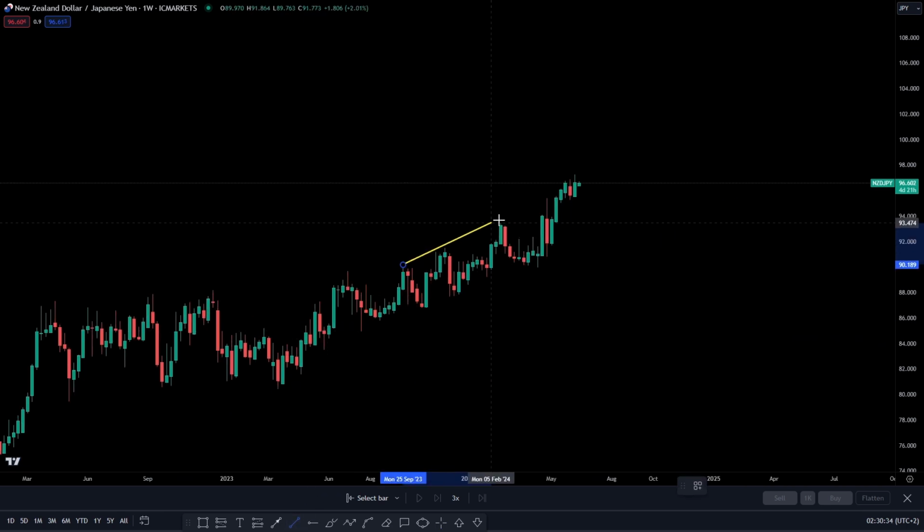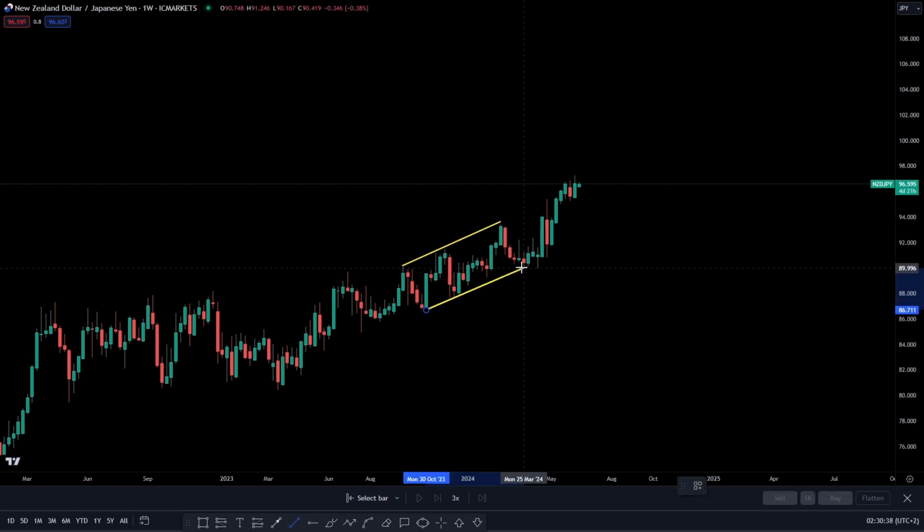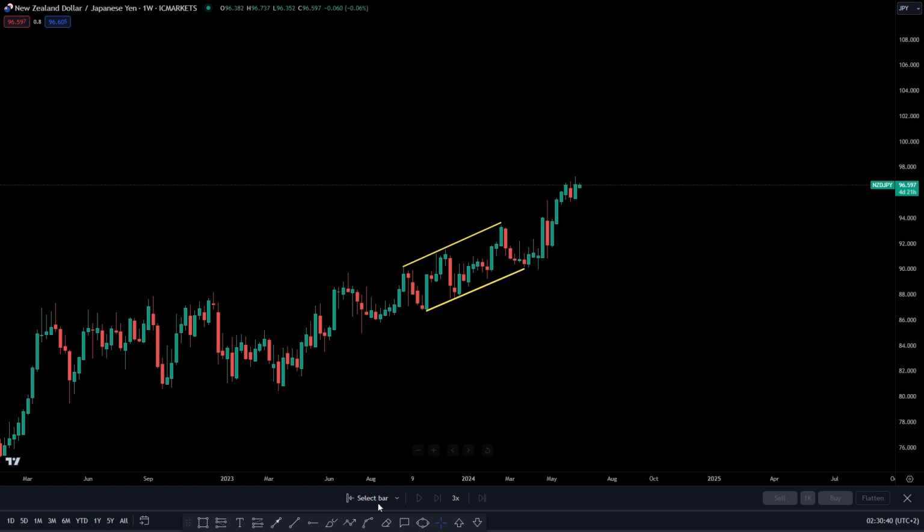Okay, what I can see is we have this ascending channel. What happened regarding this ascending channel is that we sold, but then price stopped here. For some reason, price failed to continue to this low. It stopped here in the middle of the journey, and then it started moving in the opposite direction.